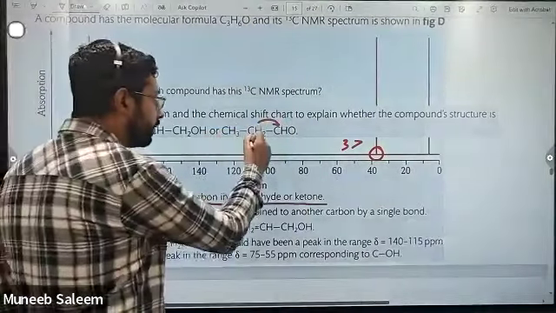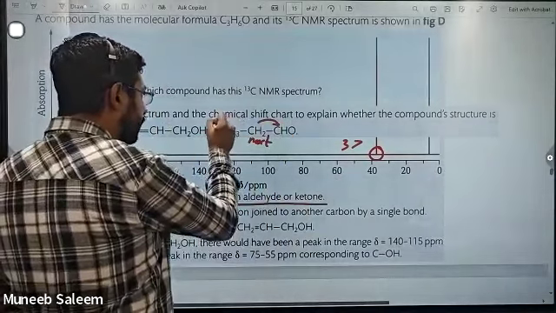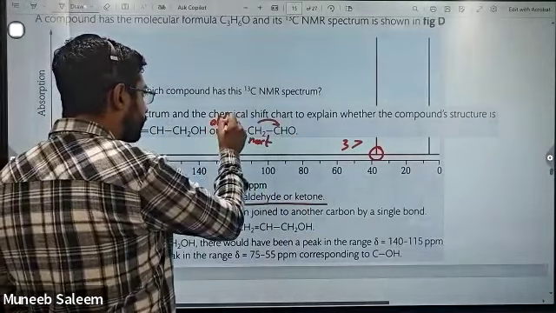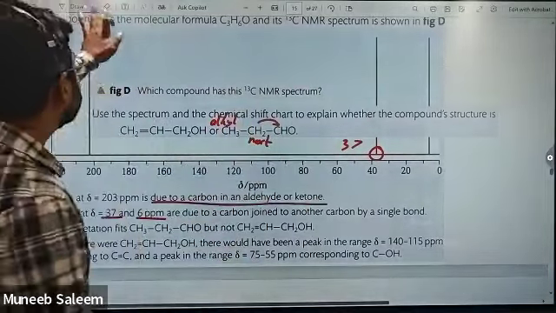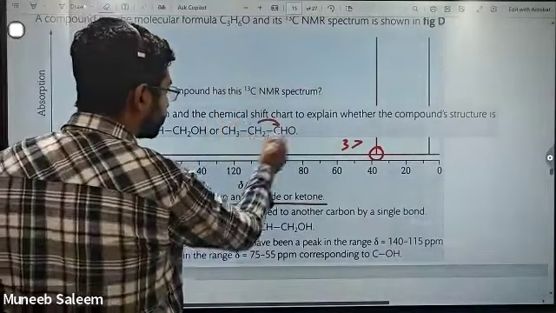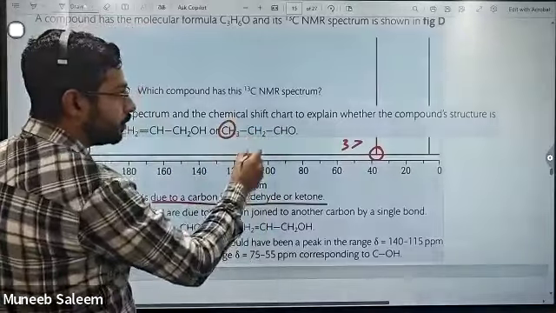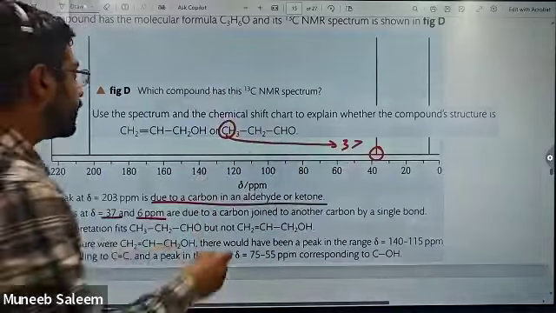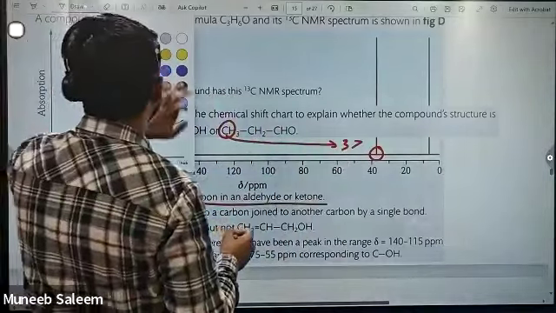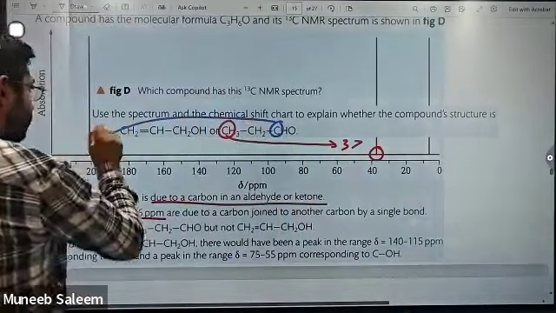For this carbon we will say it is next to the carbonyl group. For this carbon we will say it is part of the alkyl group only. So this 37 ppm is basically this carbon, and this aldehyde carbon is this peak value.